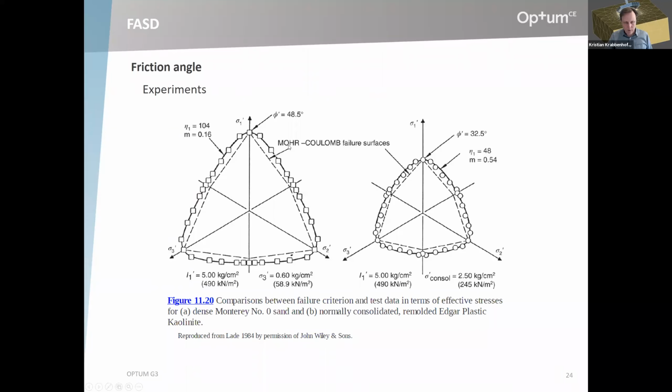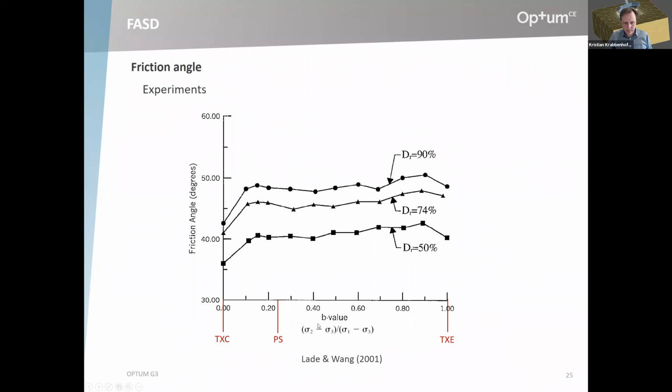But if we look at the friction angle, and you can look at it in this plot here as well, versus the B value. The B value is this ratio between the principal stresses. It's kind of similar to the load angle. 0 is triaxial compression, 1 is extension, and somewhere in between, Lade, and this is from Lade as well, have found experimentally that plane strain is somewhere around B equal to 0.25.